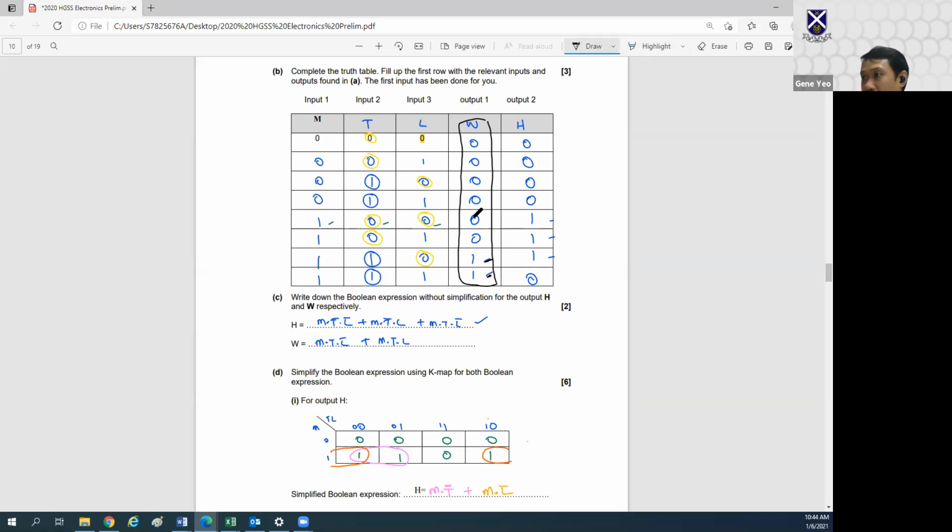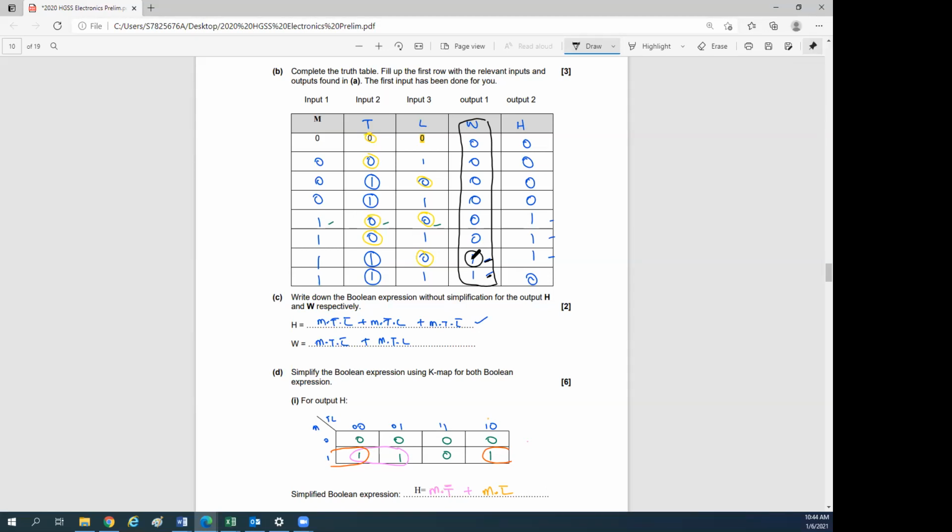What I always like to do is only populate the ones first, because everything else will be 0. In order for W to get a 1, three things must happen: M is a 1, T is a 1, L is a 0. When M is 1, T is 1, L is 0, I get my output of 1 for W. Yeah, now I get it.